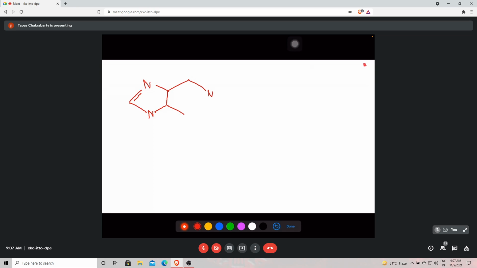But still, for completion, I'm drawing this picture here. This is the general structure of the purine.